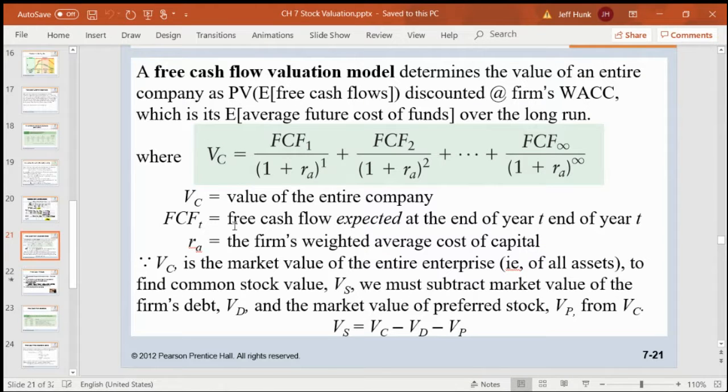Think about it. What is the value of the company? I've been telling you the value of the company is generally the book value of the company, right? The value of the company is what? Total asset value, isn't that right? Total assets, because total assets is equity plus total debt.